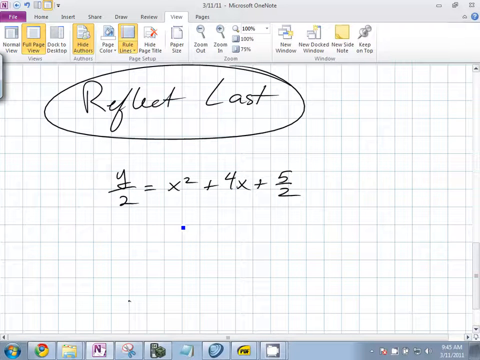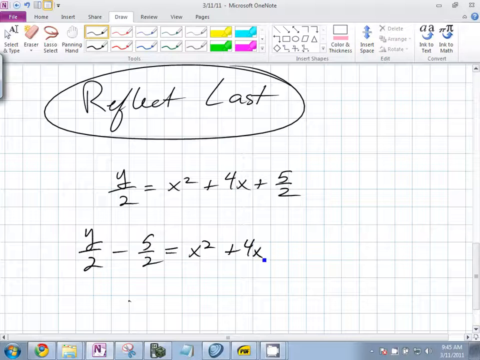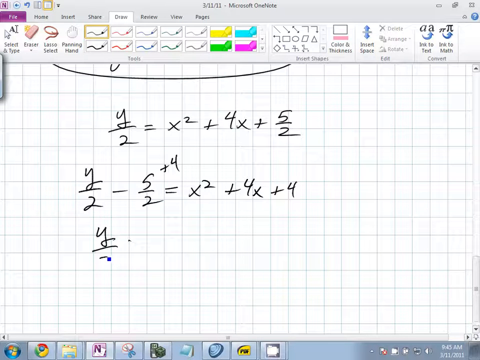So what should you do next? What's next step? Someone use a hand. I'll call on you. Yes. Yeah. This is more for just making it a little easier just to see what you're doing. Here you go. Now what do we add to both sides? Plus 4. We add 4 because it's 2 squared, half of 4 squared. Add 4. So what does the right side become? That's y minus what over 2? 8. What's it going to be? 3 over 2.